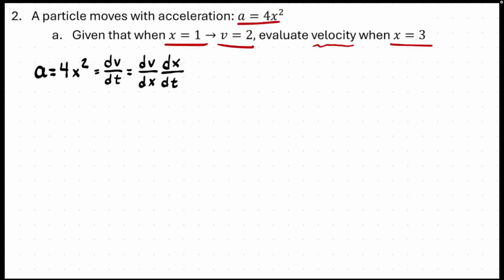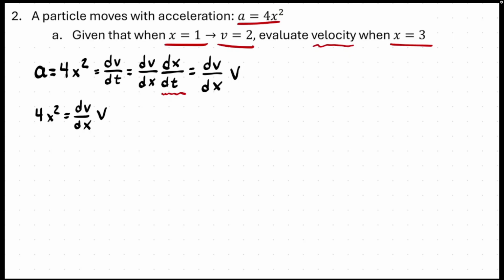And then we can take this one step further and realize that this term dx/dt is the same thing as velocity. So we can rewrite this again as dv/dx times v. Okay, so let's bring this down. So we know 4x squared is equal to dv/dx times v.